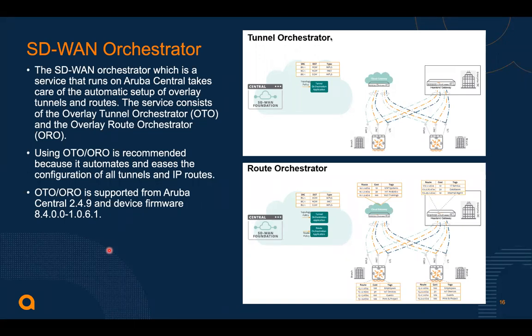When it comes to orchestration, everything is automated, and we recommend the orchestration method to customers, but if there is any specific need for manual, they could go ahead. Tunnel orchestration is overlay tunnel orchestration, OTO, and overlay route orchestration, ORO, and this is supported from Aruba Central 2.4.9, and the device firmware should be a minimum of 10.6.1.